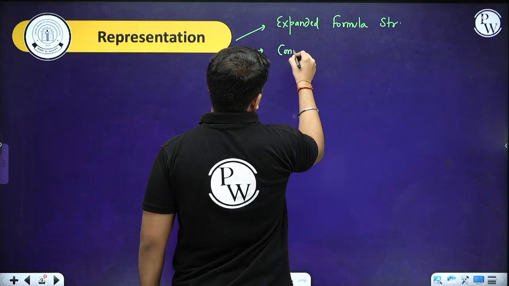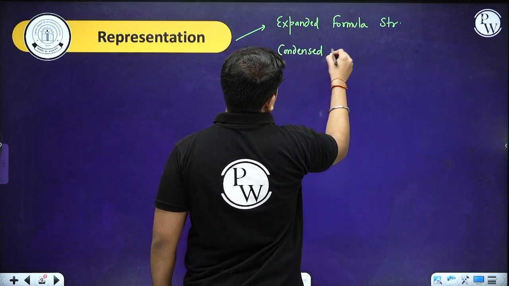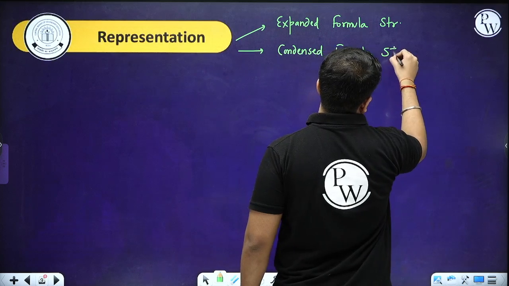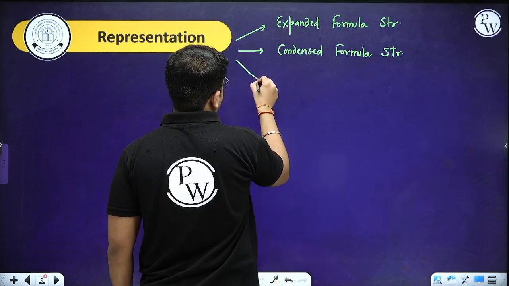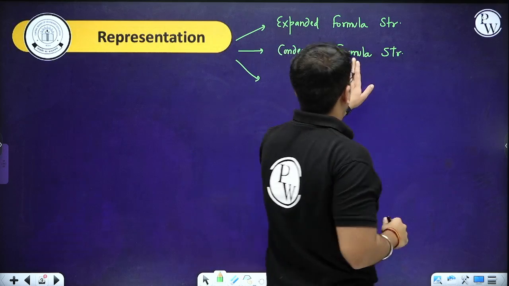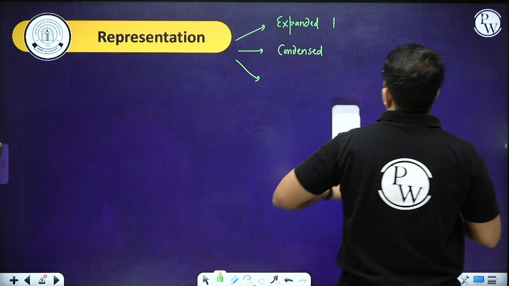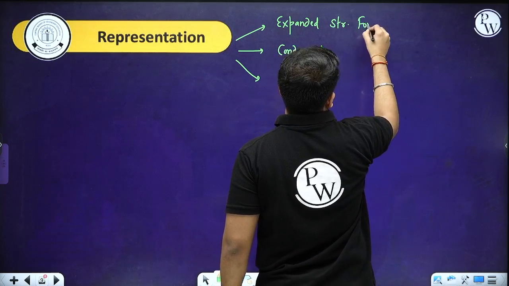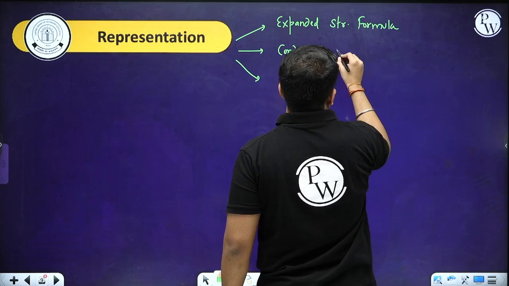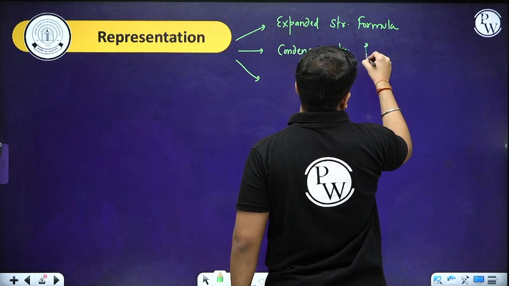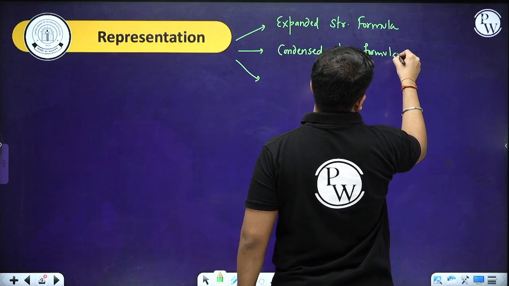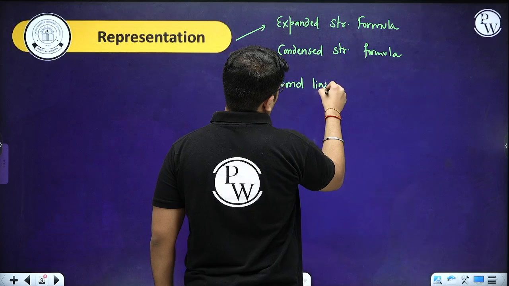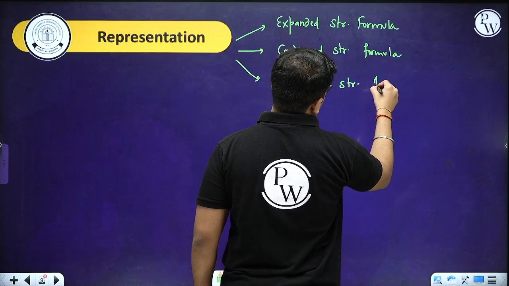Next one is the condensed formula structure, or you can say expanded structural formula. This one will be the condensed structural formula. And the last part, which is very interesting, is the bond line structural formula.